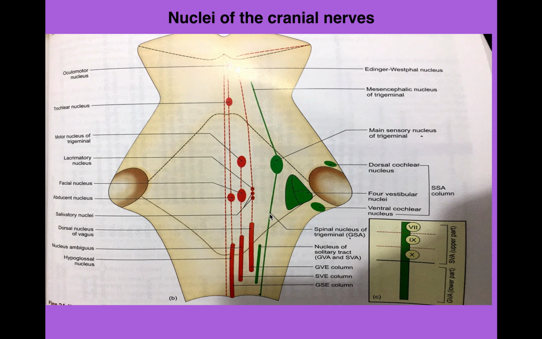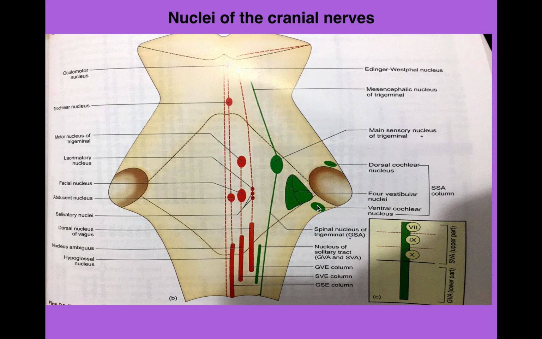And then we have the abducens nucleus, which is in the lower pons, and then we have the facial nerve nuclei, which are namely the motor nucleus, the nucleus of tractus solitarius, the superior salivary nucleus, and the lacrimatory nucleus. All these are situated in the lower pons.